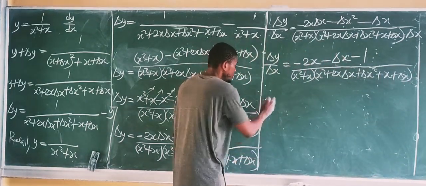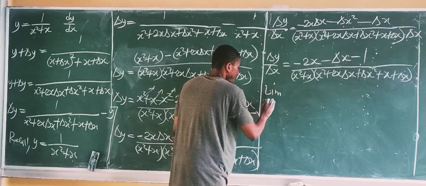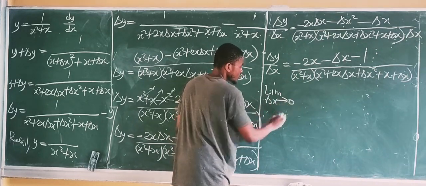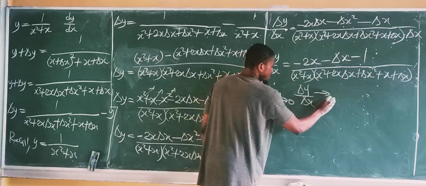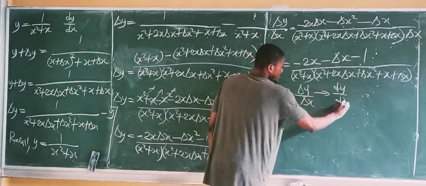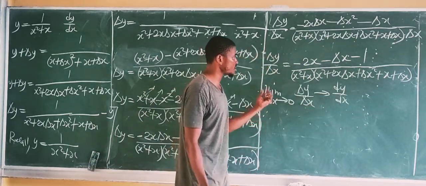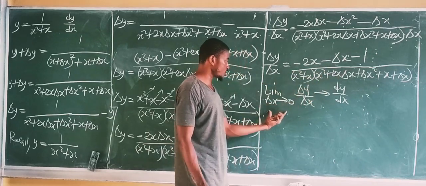So the last thing to do is simply take the limit as change in x tends to 0, the function change in y over change in x automatically tends to dy dx. So wherever I see change in x in this equation, simply replace with what? 0.